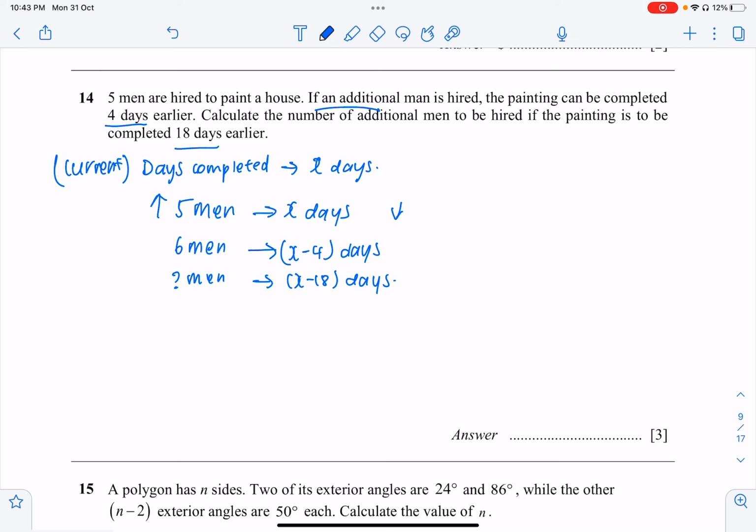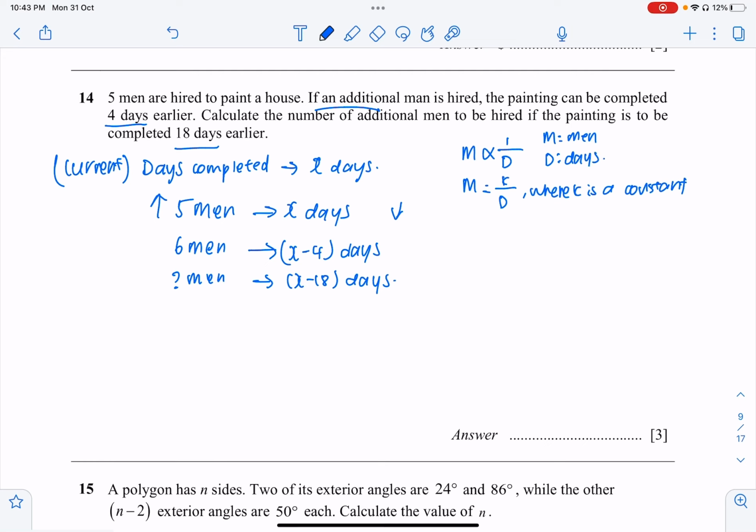So let the number of men be n, and that is inversely proportional to d, the number of days. So n equals k over d, where k is a constant. Let's do a very simple labeling: m is men and d is days.